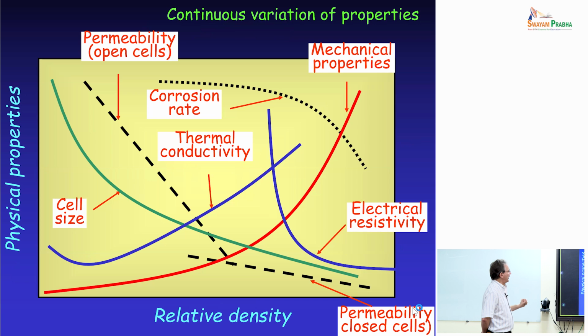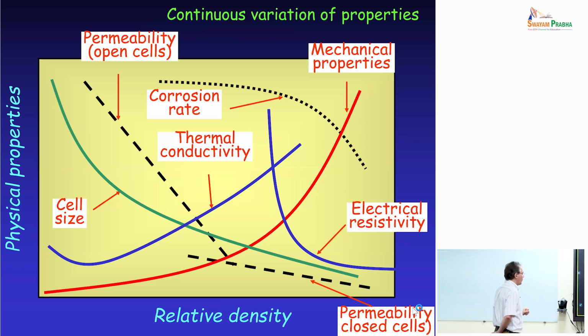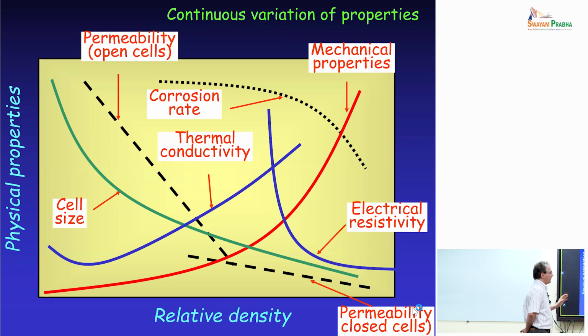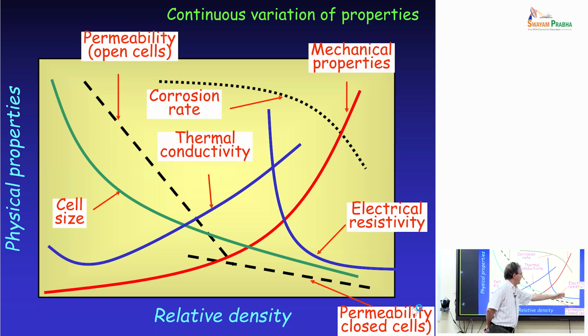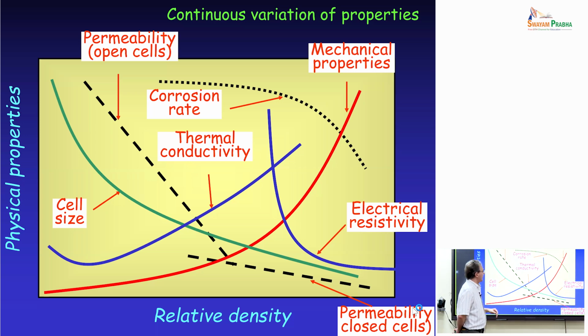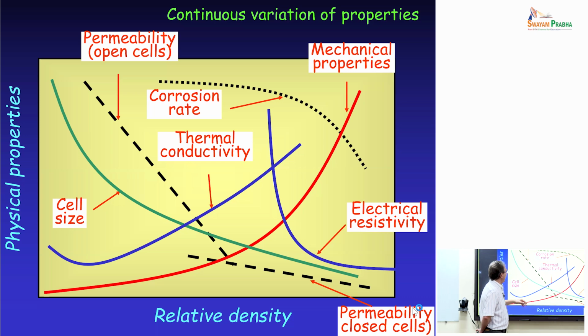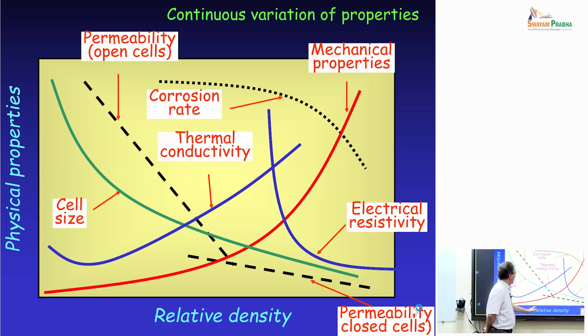So one interesting feature of macroporous ceramics is that the properties not only change with the porosity, but they change in a rather continuous way. So if we look, for instance, at electrical resistivity, you have a strong decrease in the electrical resistivity with increasing porosity.